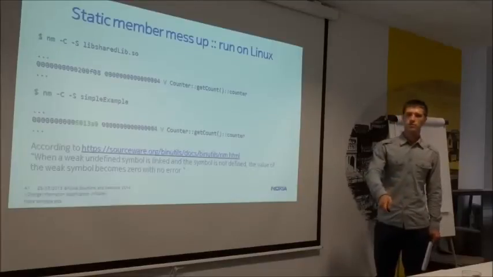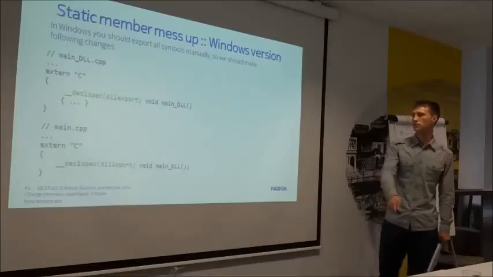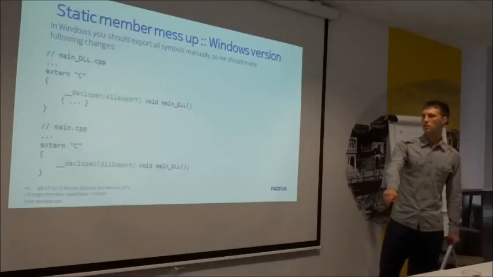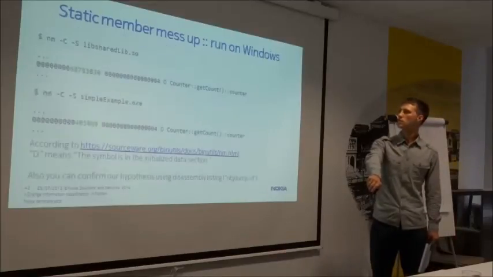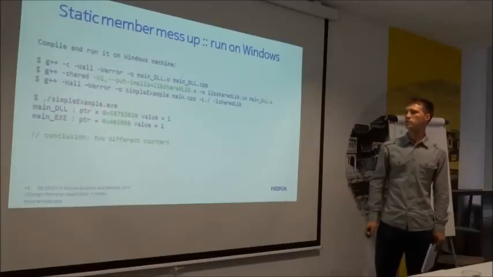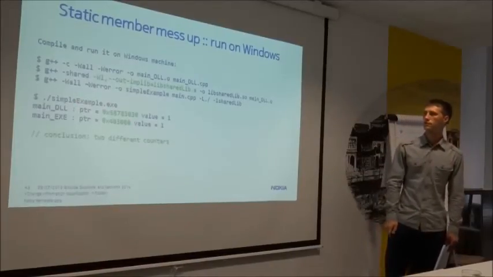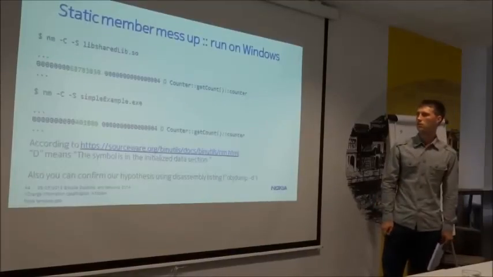So okay, let's proceed with the example in Windows. We have unexpected behavior from our point of view, so let's do something with this. Yeah, we have two different counters.